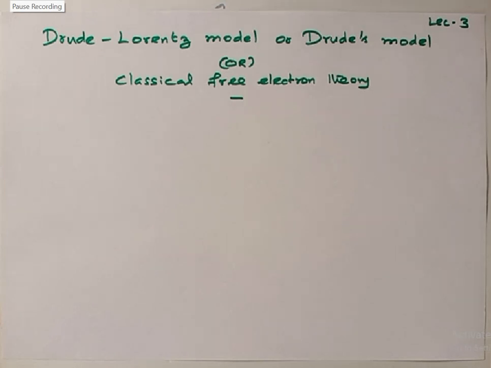Then we require the average velocity with which the electron is moving in the presence of the electric field strength, say epsilon. So we need a method to find the average velocity of the electron in the presence of an electric field.